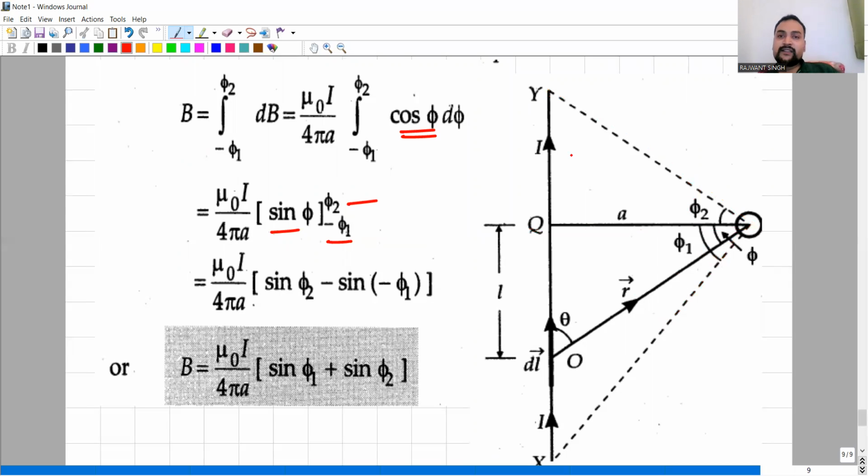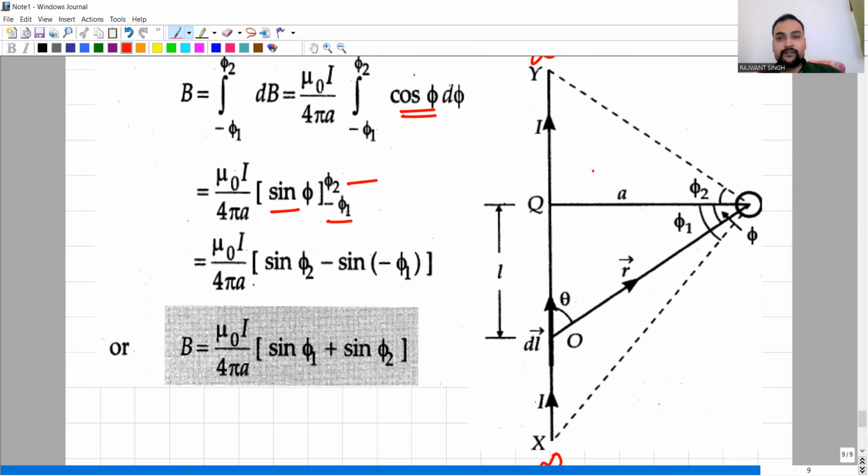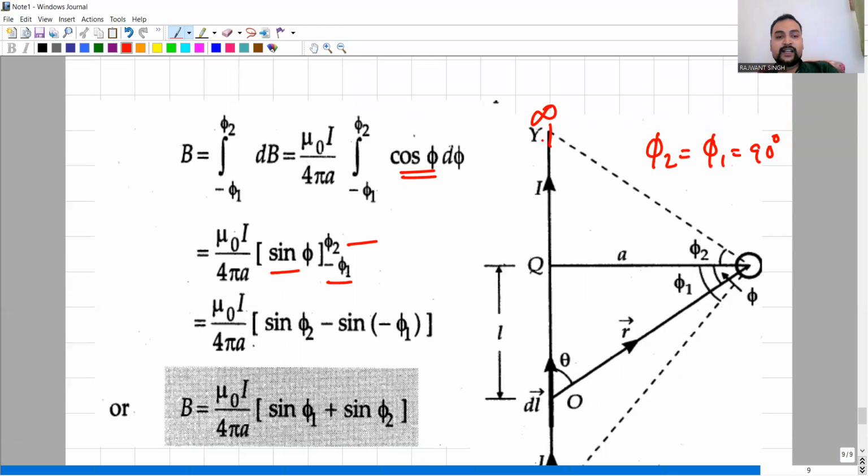Now, if for some reason I say this conductor is infinite, that means it is infinite from this end and also from this end. In that case, phi 1 and phi 2 will both become 90 degrees. If this end becomes infinitely long, then the phi 2 angle will keep on increasing and eventually become 90 degrees.